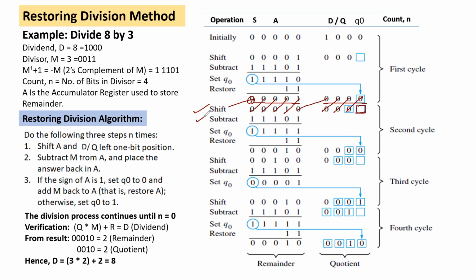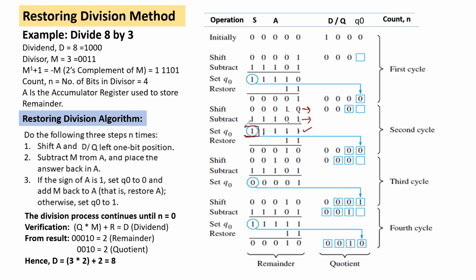Now again the subtraction operation. Subtraction means we have to add the 2's complemented value of M to the accumulator values. After shifting, this is the accumulator value. Now we add the 2's complemented value of M. Then the result is this one: 1, 1, 1, 1.